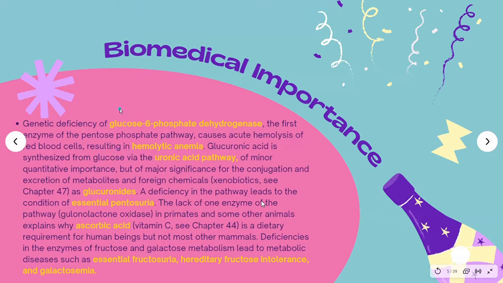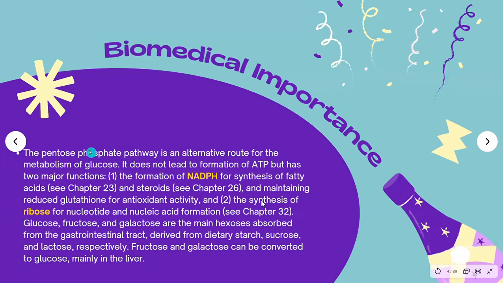Okay, let's just talk about this one here. So again, this is an alternative pathway for oxidation of glucose, does not lead to ATP. Two major functions: number one, NADPH; number two, ribose.